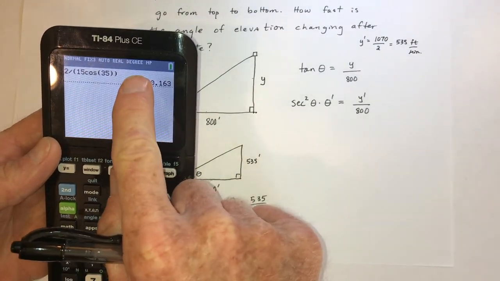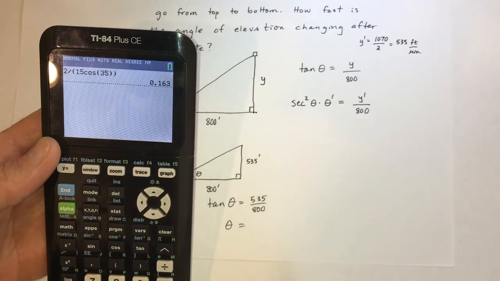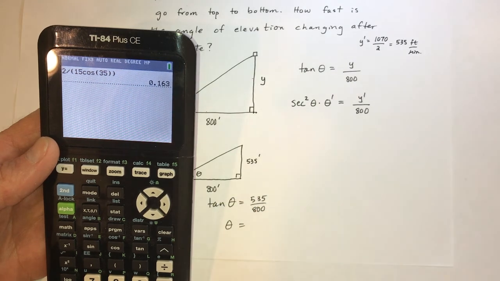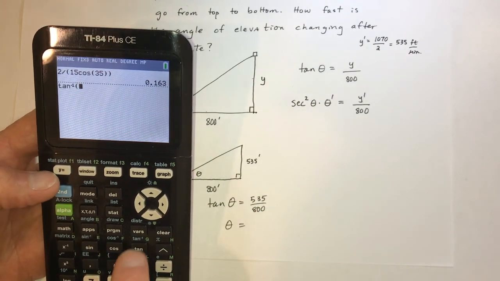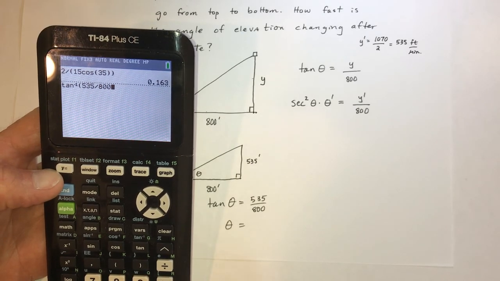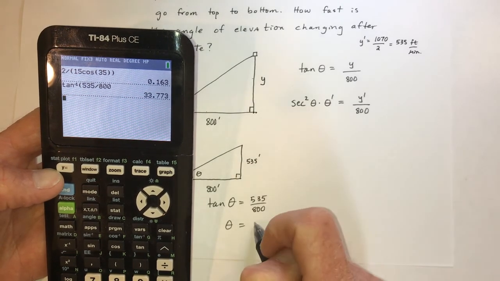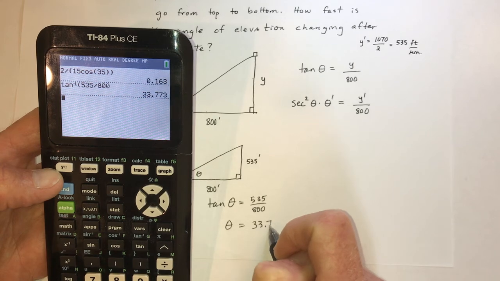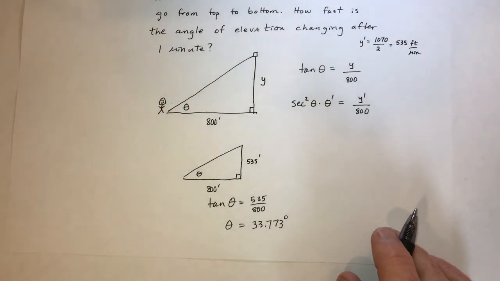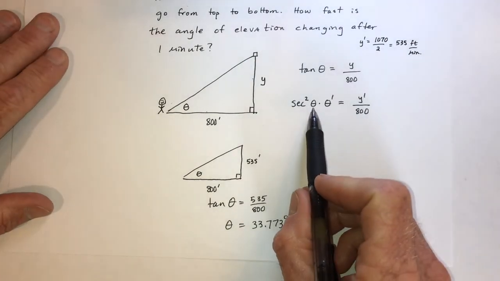So working in degrees, that's going to be fine, because I'm going to be substituting it in here. All right, so what is tangent inverse of 535 divided by 800? It's 33.773 degrees. So now I can substitute that in here.